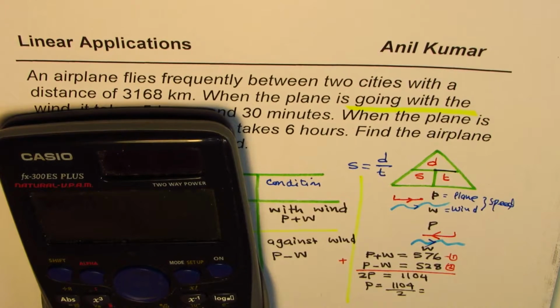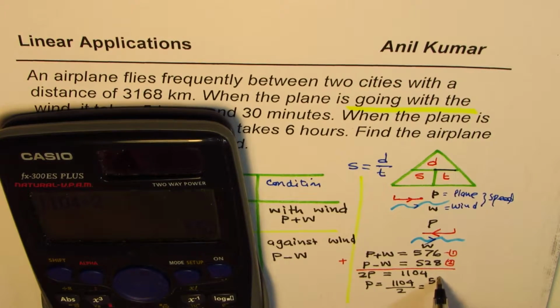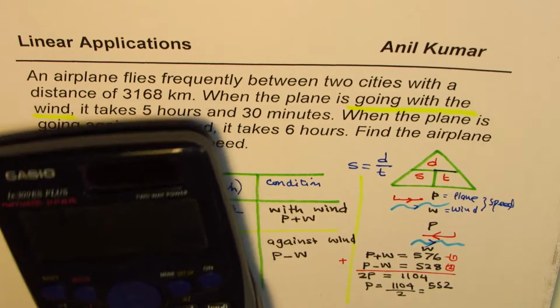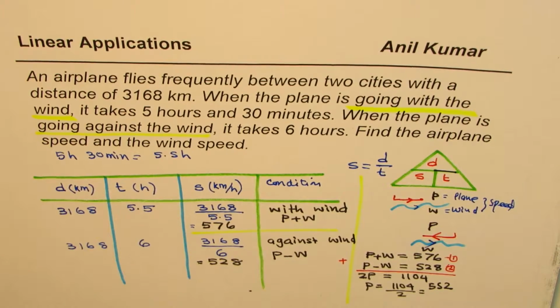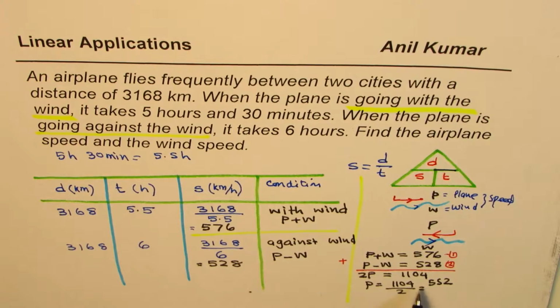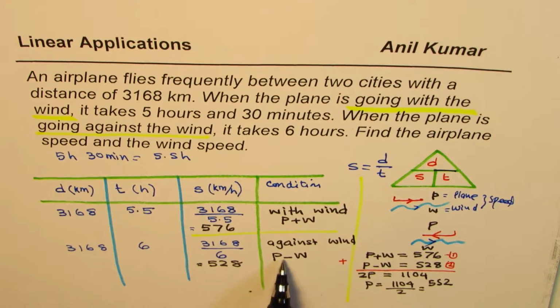So plane speed is 1104 divided by 2. Sorry, 1104 divided by 2 is 552. So we get 552 as the plane speed. Do you see that? Now you need to find the wind speed. If plane speed is 552, what should be the wind speed?